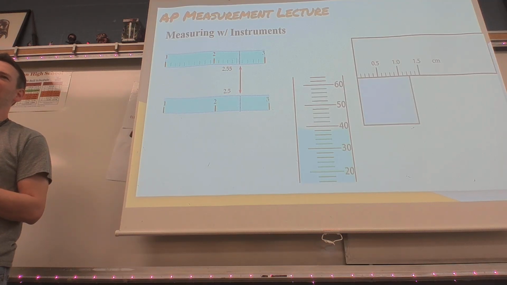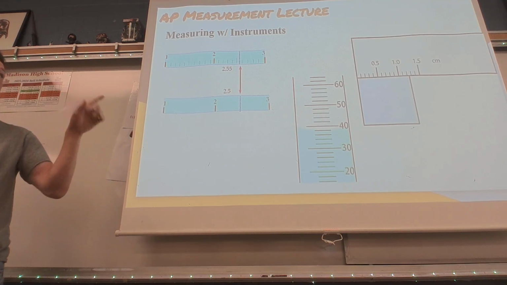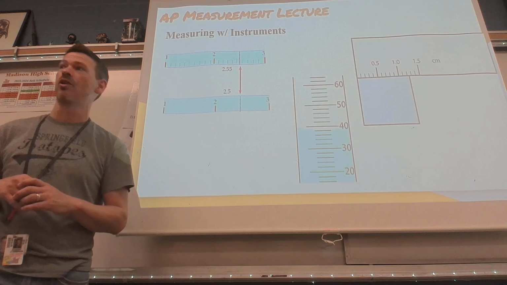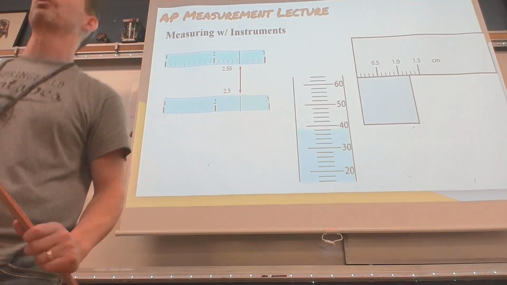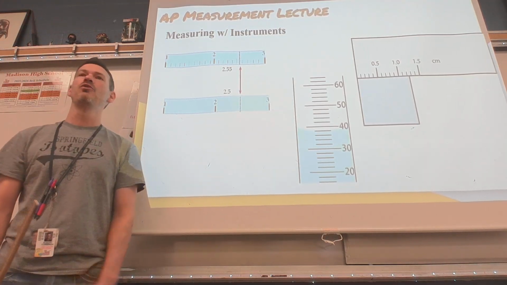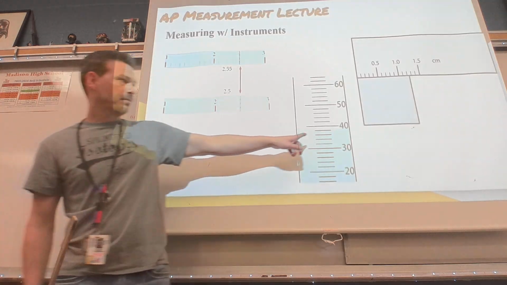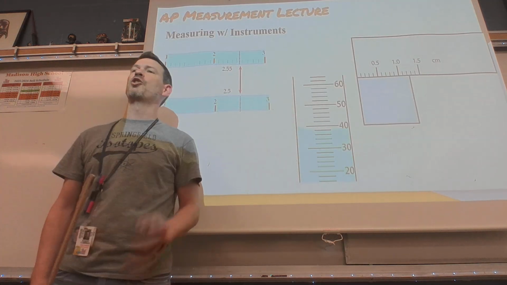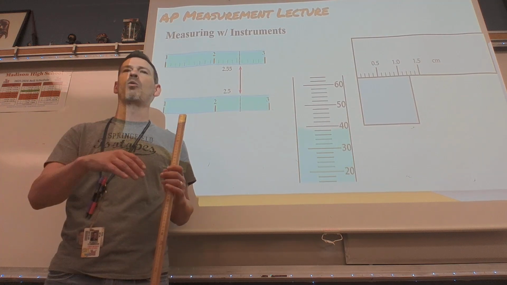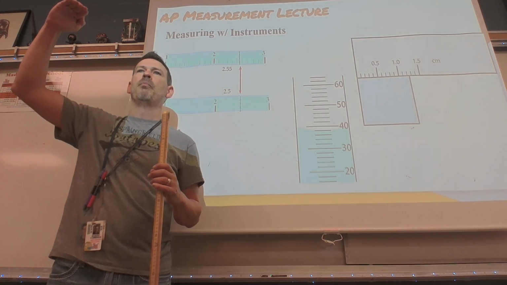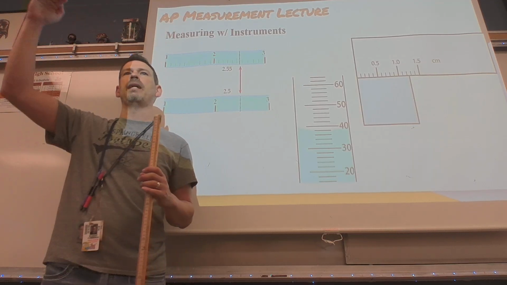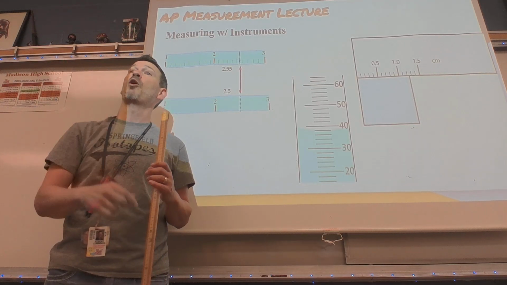All right, no questions. Let's see if you really get it then. I want you to read the other two devices. We're going to draw cards. Using those rules, read the other two devices. Now, for graduated cylinders, you read at the meniscus. I'll give you that word in a slide many units from now. But that means that when it does its little dip, you're going to record from the lowest part of the dip.